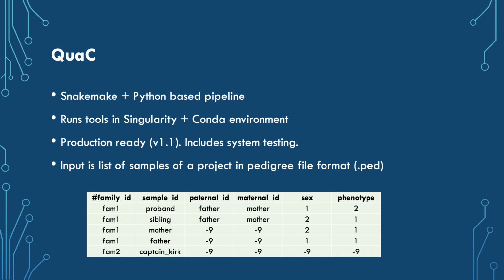Currently, we use the pipeline at production level, and it's at version 1.1. We supply input to the pipeline as a list of samples in a pedigree format. Each list is considered a single project at our center.